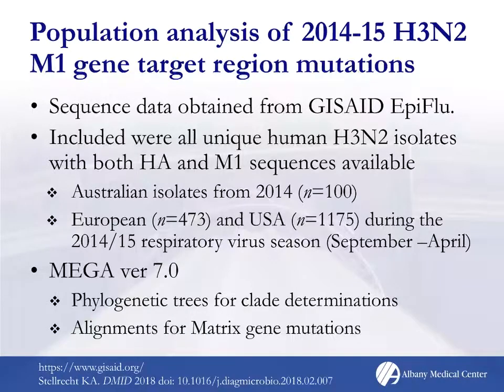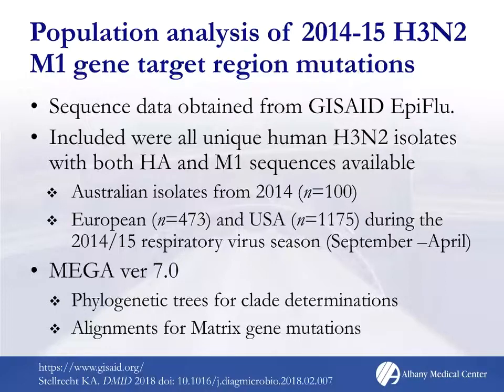I was curious about how prevalent these mutations are in the matrix gene. So I obtained all the sequence data from the Global Initiative on Sharing All Influenza Data, GISAID. Their database is called EpiFlu. I decided to look at 3 regions, Australia, Europe, and the US, and I got all unique H3N2 isolates that had both an HA and a matrix gene sequence available.